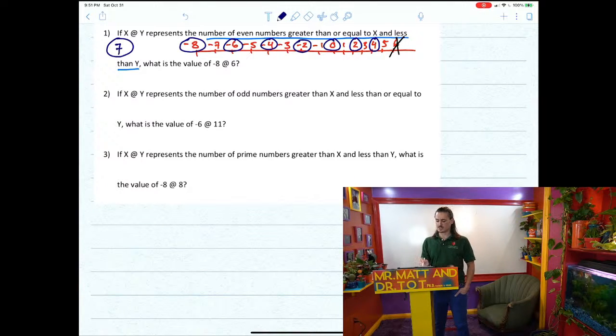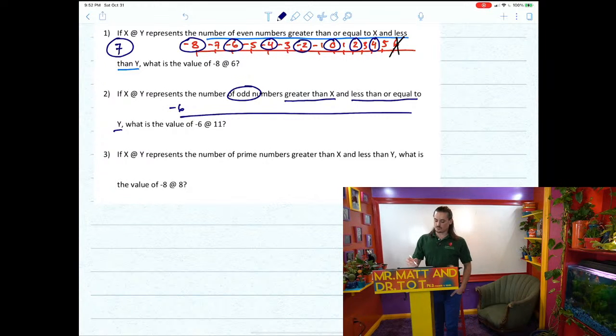The characteristic we're testing is whether the numbers are odd or not. So starting with negative 6, negative 5, negative 4, negative 3, negative 2, negative 1, 0, 1, 2, 3, 4, 5, 6, 7, 8, 9, 10, and ending at 11.